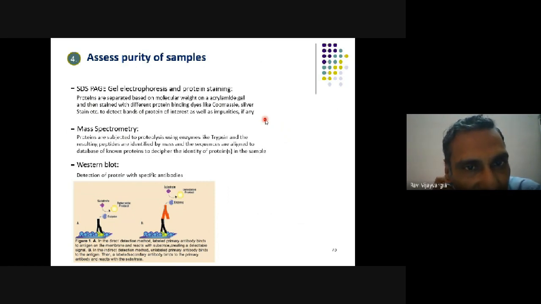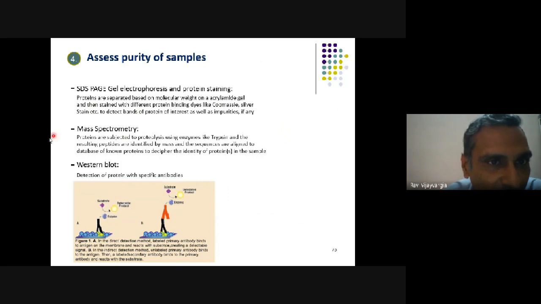Another way to check purity: sometimes the protein might look like a pure single band, but there can be small amounts of other proteins not detectable by Coomassie staining. So you can subject your eluted protein sample to mass spectrometry.